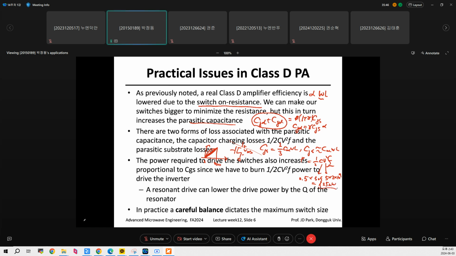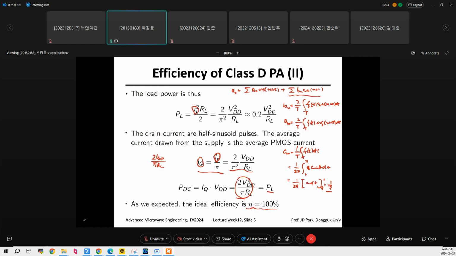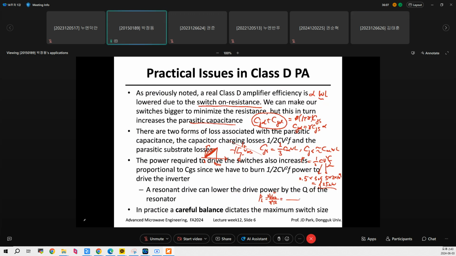This is compared with the output power. PL previously was pi over 2, R and VDD squared over 2. So let's say this PL is 50, and pi over 2 multiplied by 5 squared over 2.